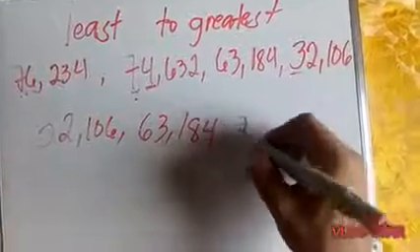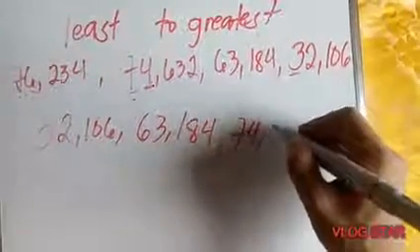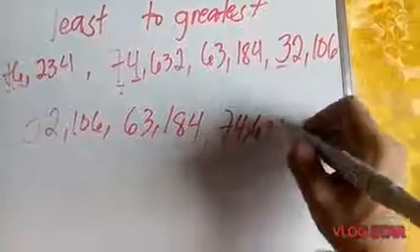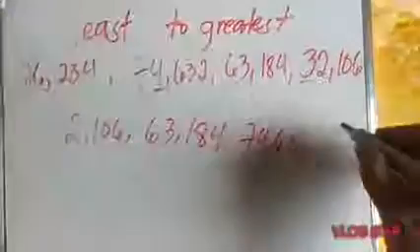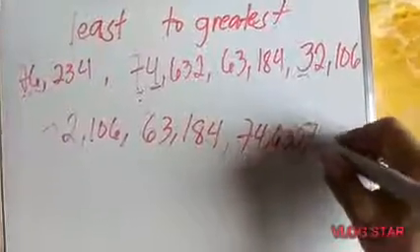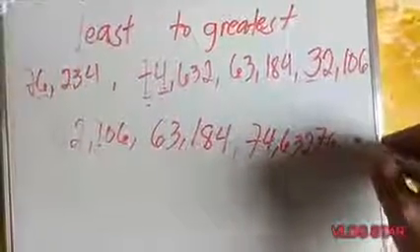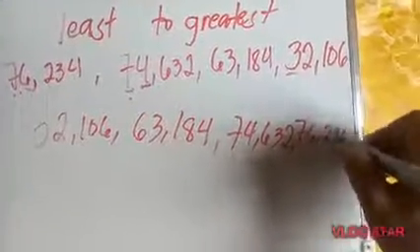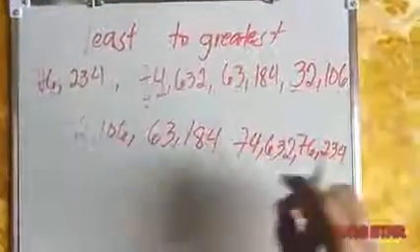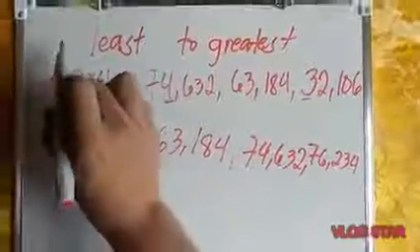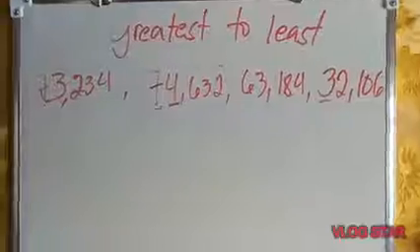So let's copy 74,632, and the last one is 76,234. So this is the arrangement from least to greatest.